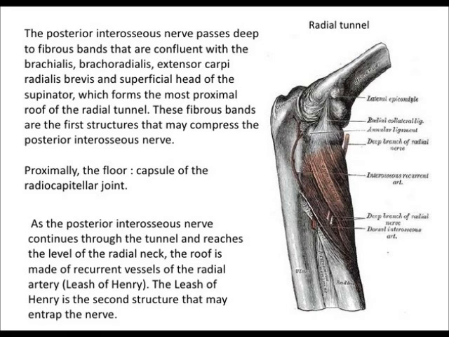Proximally, the floor is the capsule of the radiocapitellar joint, and the posterior interosseous nerve continues through the tunnel and reaches the level of the radial neck. The radial recurrent vessels, the leash of Henry, are the second structure that may compress the nerve.